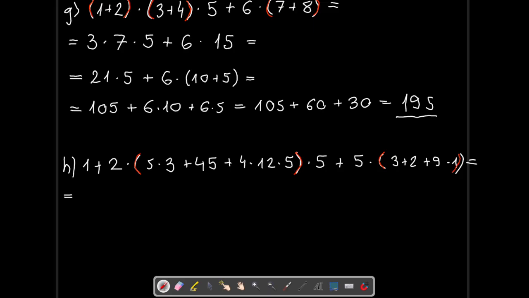Inside the first bracket we have multiplication and addition. So we need to solve the multiplication first. 5 times 3 is 15 plus 45. And then we have 4 times 12 times 5. Okay, we know that 4 times 12 is 48. And multiplying by 5, let's add an extra 0. That means multiplying by 10 and then divide that by 2.